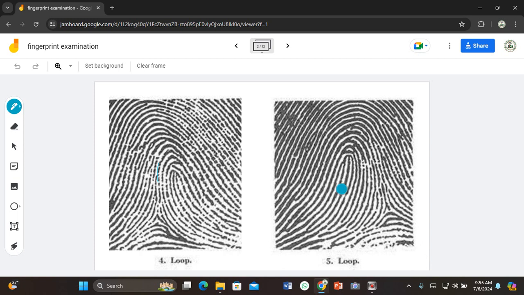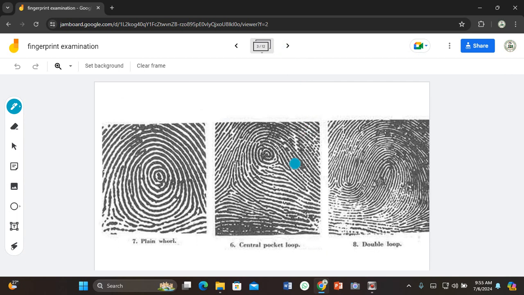But the difference between these two subdivisions is that the head of one is pointing towards the left. We call it radial loop, while the second one is pointing toward the right. We call it ulnar loop. In the family of loop, we have radial loop and ulnar loop. That is the two subdivisions that we have.